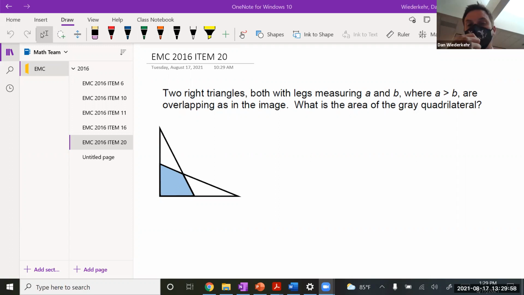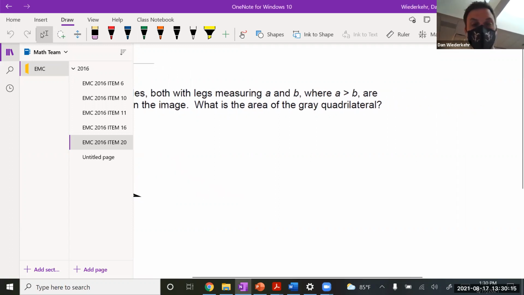Two right triangles, both with legs measuring A and B, where A is greater than B, are overlapping as in the image. What is the area of the gray quadrilateral? And really the quadrilateral here is blue, I suppose. But we're going to show that this area is equal to AB squared over A plus B.